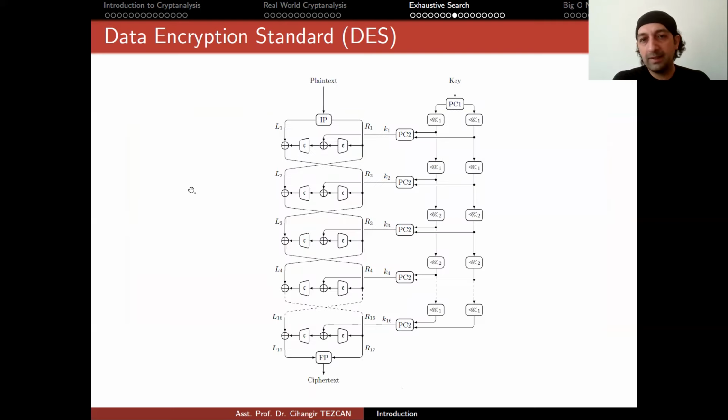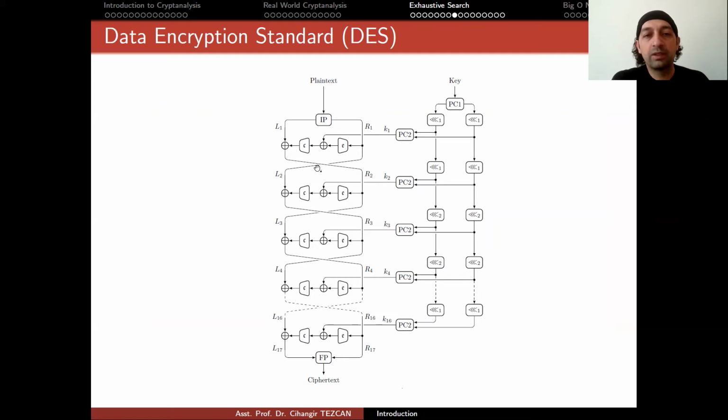The picture of this looks like this. You have the plain text block, and you divide it into two parts, left and right. So 64 bits is divided into 32-bit right and left. In each round, the right part becomes the left of the next round, but the right part is also fed into the round function, and the output is XORed with the left part to obtain the next round's right part.